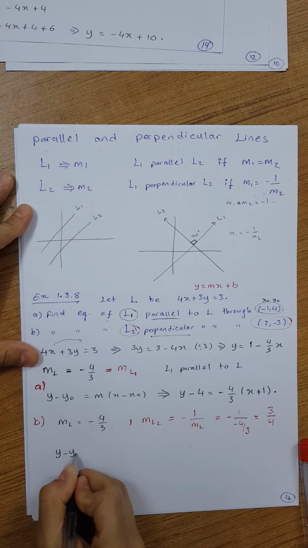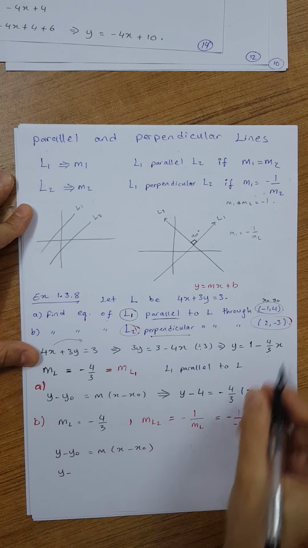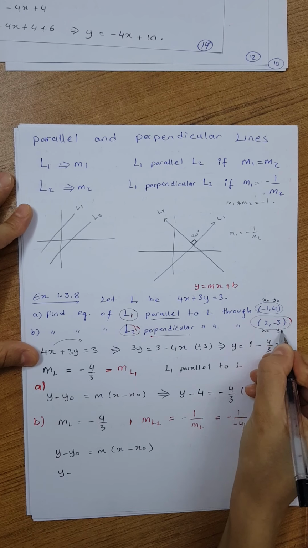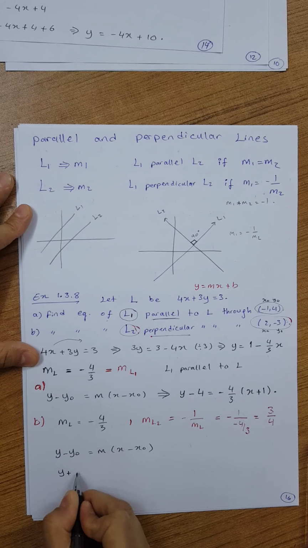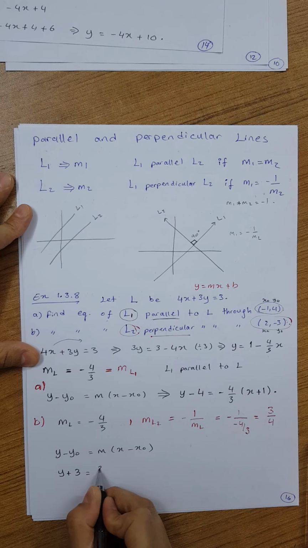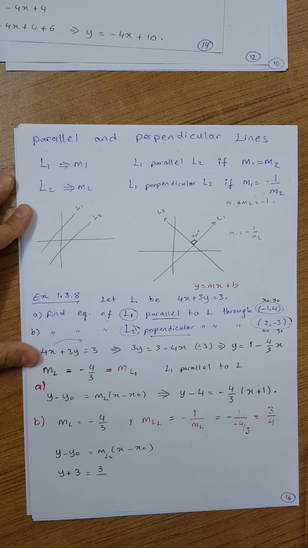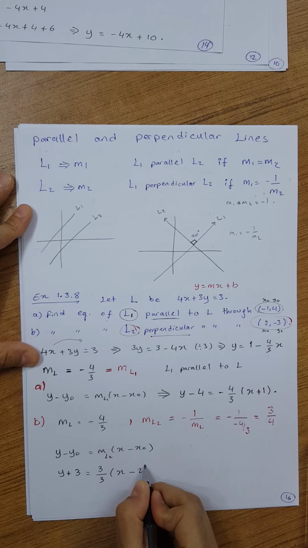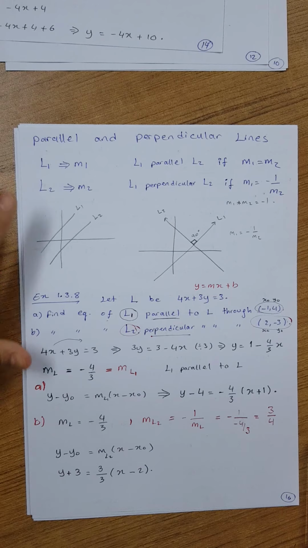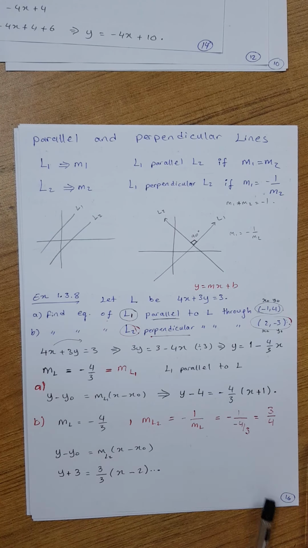Again, y minus y naught is equal to m multiplied by x minus x naught. Y minus y naught here is equal to what? Please do not use that same point there because that's given for parallel. That will be y plus 3 equal to, I will use that slope, m of L2, 3 over 4 multiplied by x minus 2. Rearrange this one, you will get the equation of line L2.